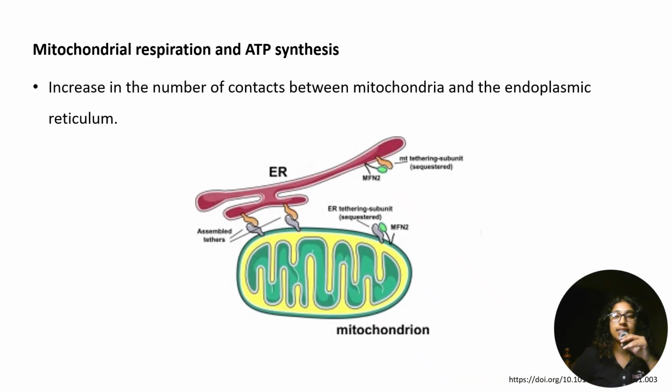Then there is an increase in the number of contacts between mitochondria and endoplasmic reticulum. It is quite well studied, though of course not a very documented part of the science, but there have been a lot of great advancements in this field too. The ER and mitochondrion are physically connected through channels and receptors, and they exchange a lot of material like lipids and proteins, which get modified in the ER and then sent back to mitochondria.